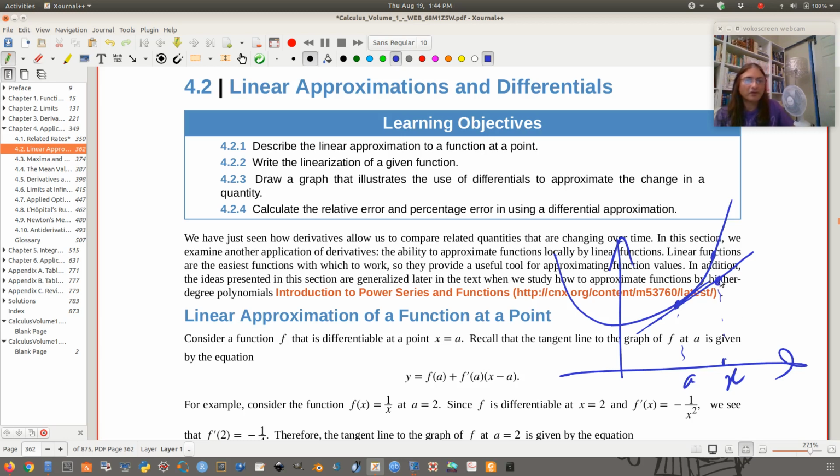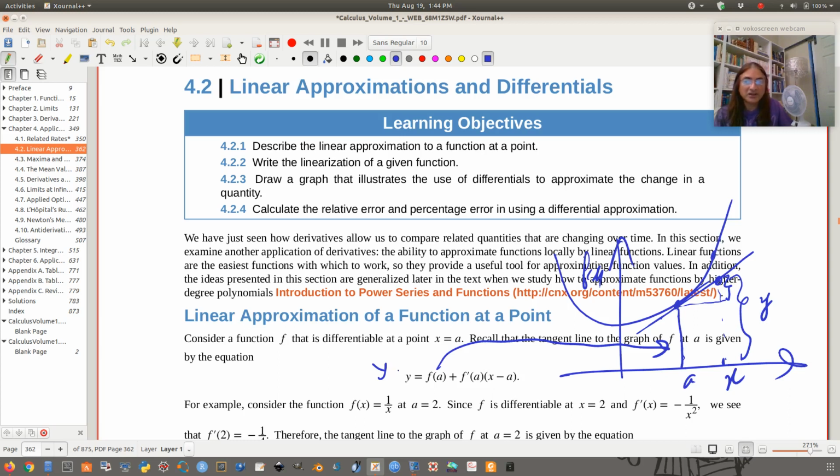So f of x, or this y here, is this height, which is f of a, plus this height. And that height comes from the slope times this distance. So it's f prime of a times x minus a.